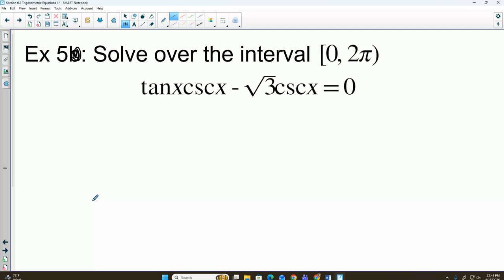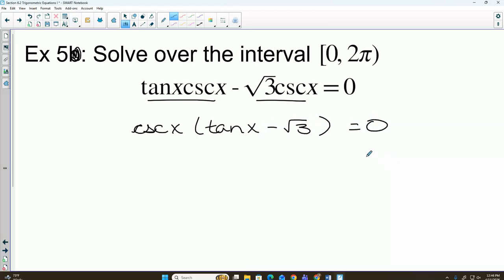What could I do instead? Take out cosecant of both. Two terms, they both have a cosecant x. So if we set those to 0, we get cosecant of x equals 0 and tangent of x equals square root of 3.